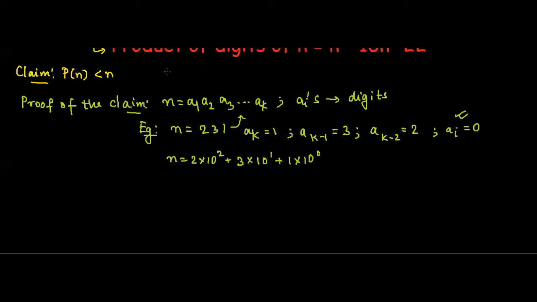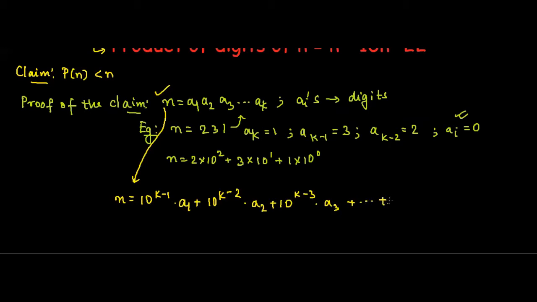Similarly, if n has this decimal expression, then n can be written as 10 to the power k minus 1 times a1 plus 10 to the power k minus 2 times a2 plus 10 to the power k minus 3 times a3, and this will go up to 10 to the power 0 times ak. So this is the expansion of n, and this is the decimal expression of n.